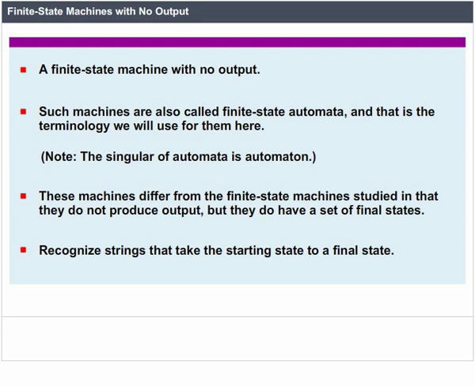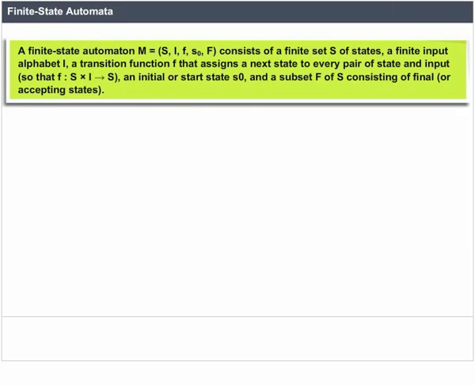A finite state automaton M = (S, I, f, s0, F) consists of a finite set S of states, a finite input alphabet I, a transition function f that assigns a next state to every pair of state and input, so that f: S × I → S, an initial or start state s0, and a subset F of S consisting of final or accepting states.